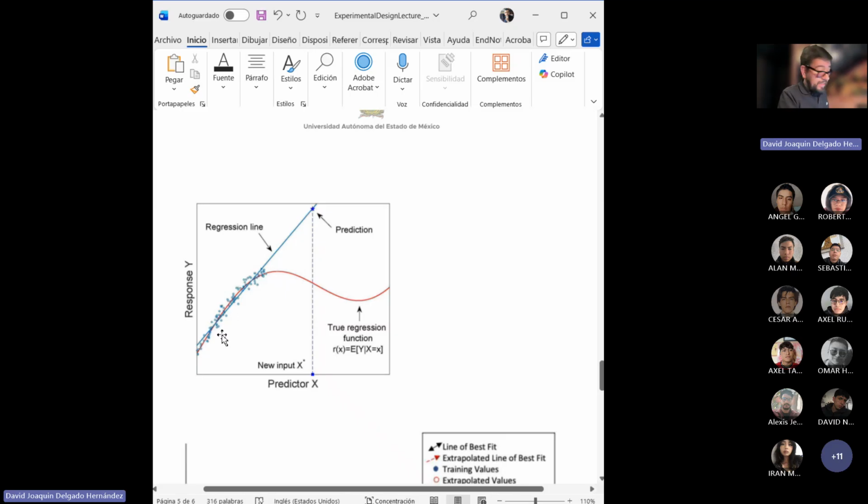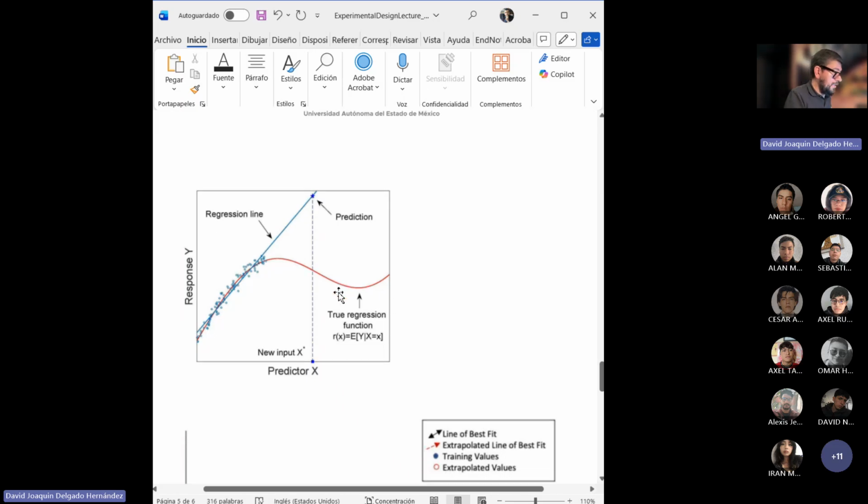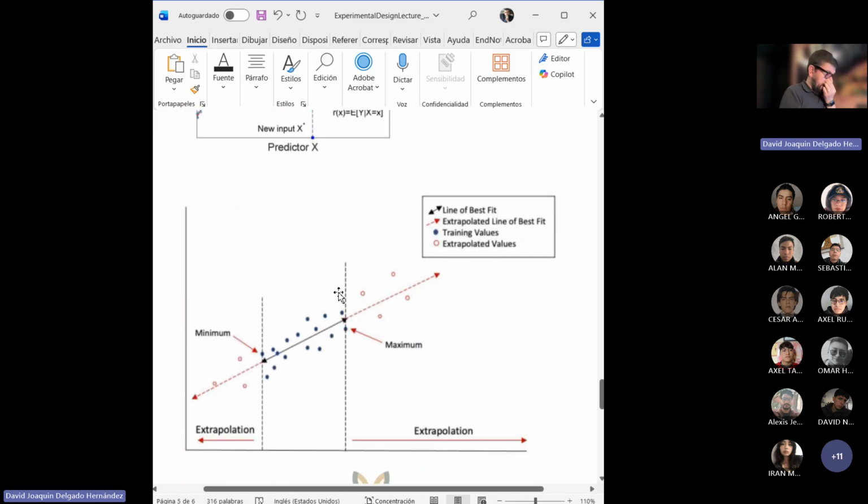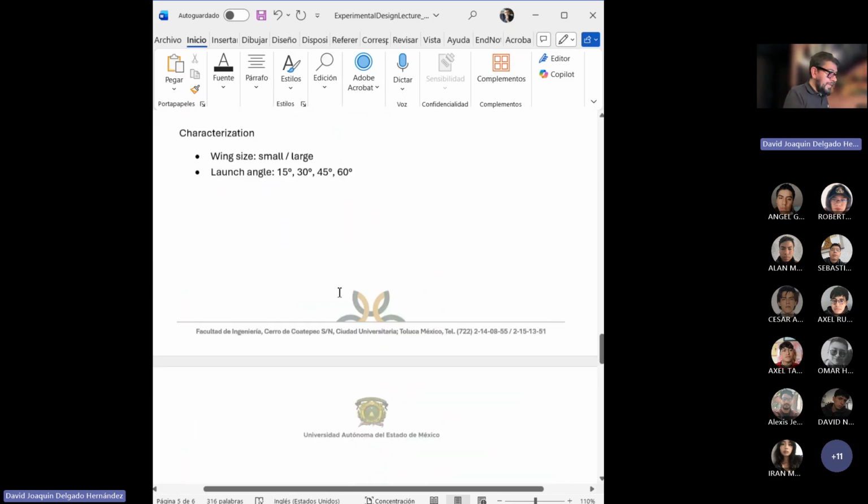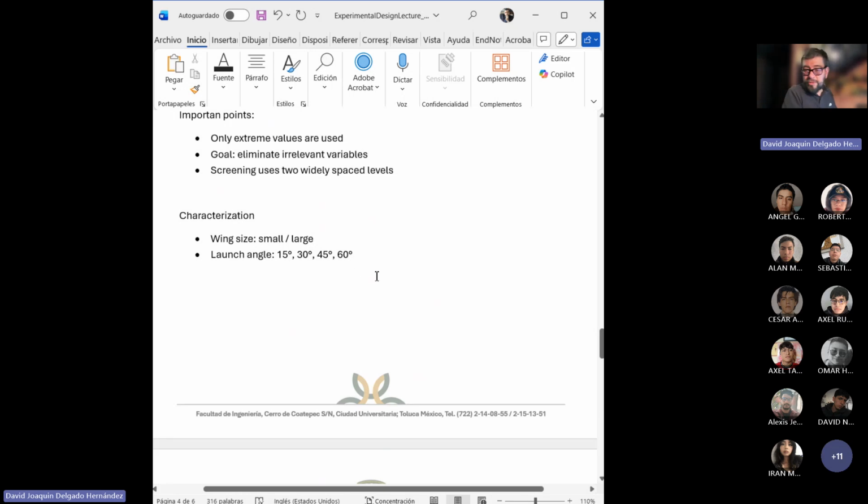The straight line is not correct, but the curved one is. That is the correct thing to do, okay? So that's why we need to increase the number of measurements in order to have a better approximation to the shape of these regression lines.